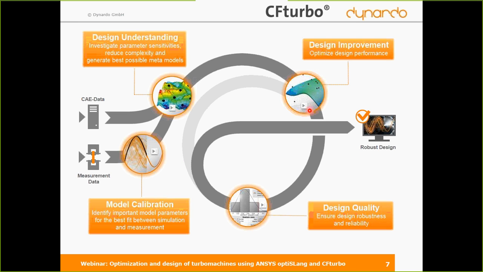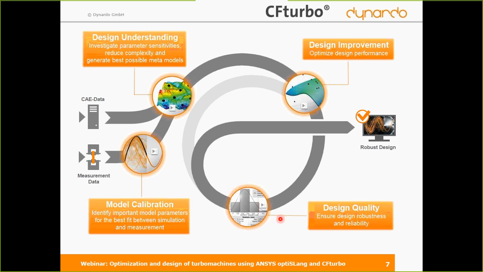Once this optimization has been done, there is always the design quality check to check the quality of the design. That means to put some scattering on the input parameters that you have defined, which occur in real life, like for Young's modulus for a material or for a certain geometry due to manufacturing tolerances.